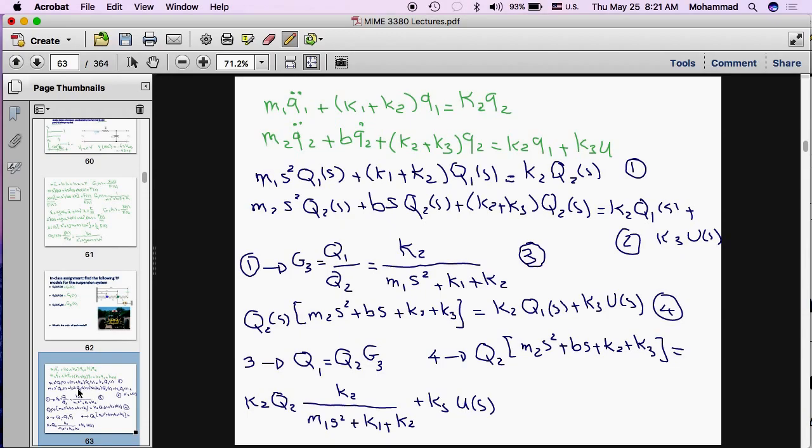Look at equation 3 on this slide. That equation tells the story of the relationship between Q2 as input and Q1 as output. It basically tells you, as you move the second mass, how the first mass will follow or not follow. That transfer function is that story.